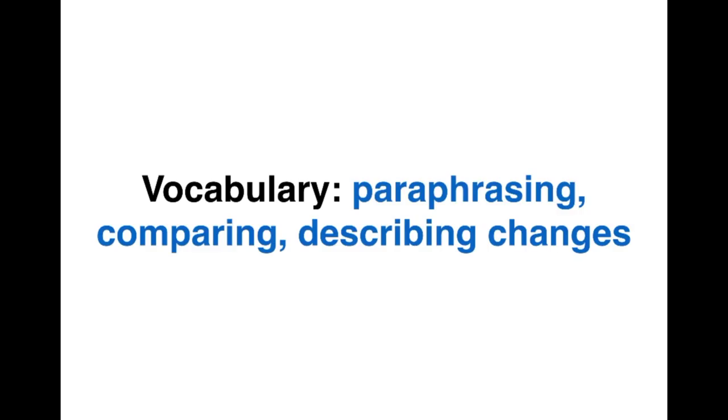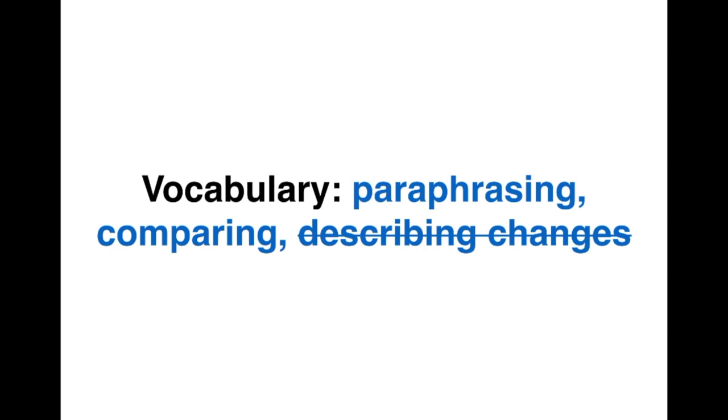Let's analyse the vocabulary, and we usually analyse paraphrasing, comparing language, and language for describing changes. But there's no language for describing changes in this report today because there are no changes in years. There's nothing to compare, increase or decrease, when the time doesn't change.